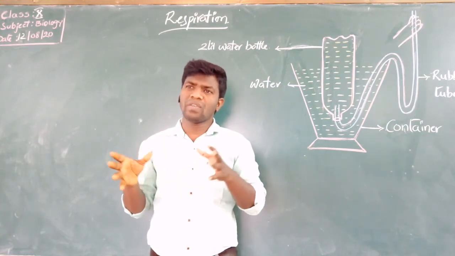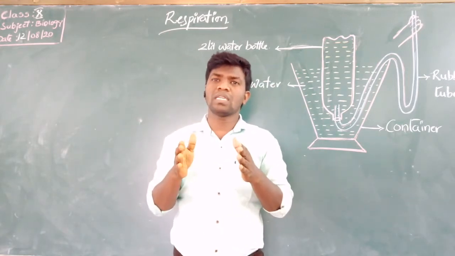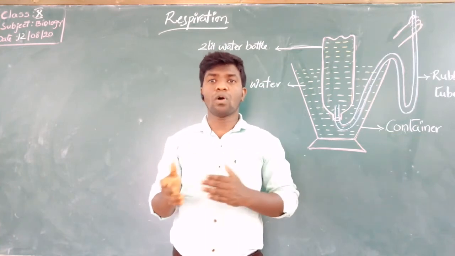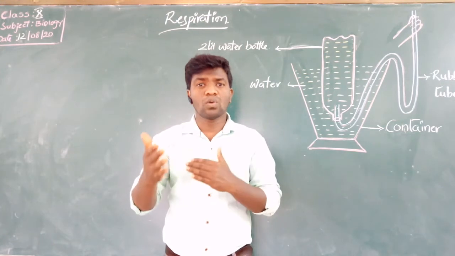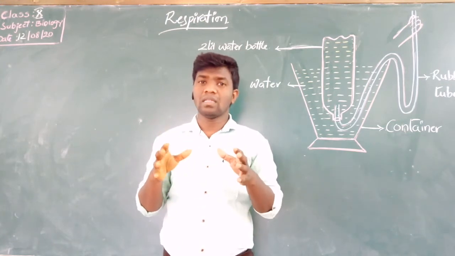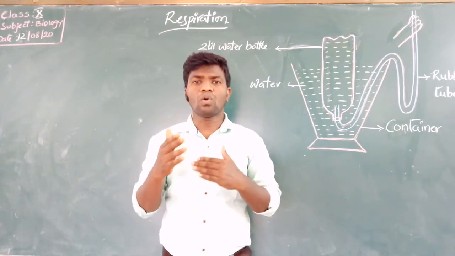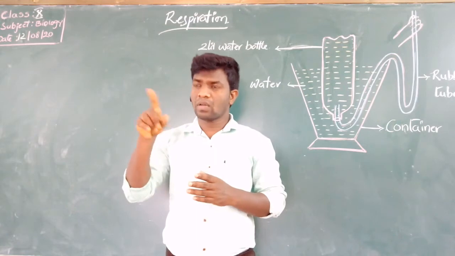Every time glucose is oxidized, it is chemically oxidized with oxygen. That is oxidation. Here glucose is oxidized in two stages. Glucose, C6H12O6, has 6 carbon atoms.